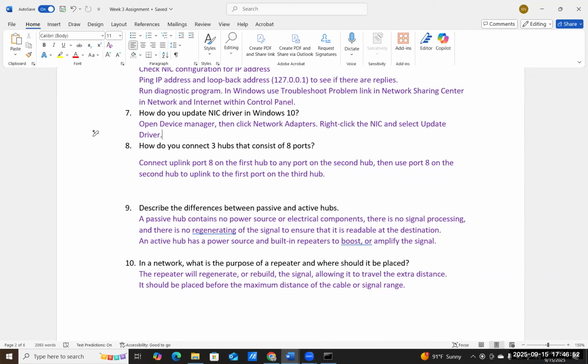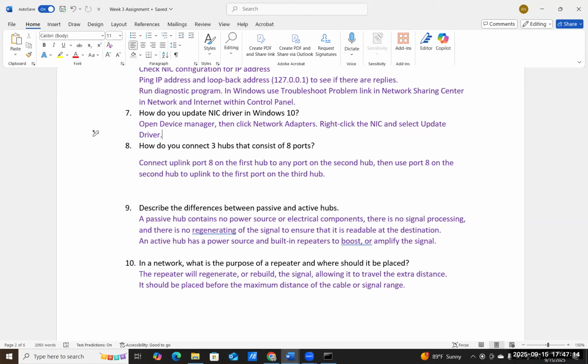So you are going to connect the uplink port, which is port number 8, the last port on the hub, to any port on the second hub. For practice, I just do last to first, last to first. So that way it's easier for me to pinpoint the port when I need to troubleshoot.